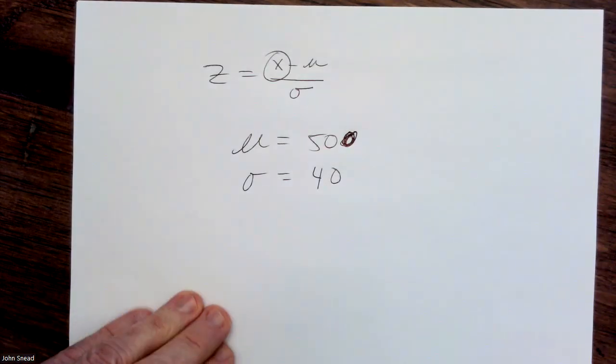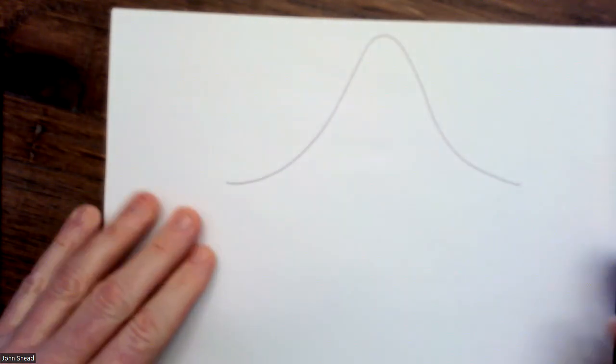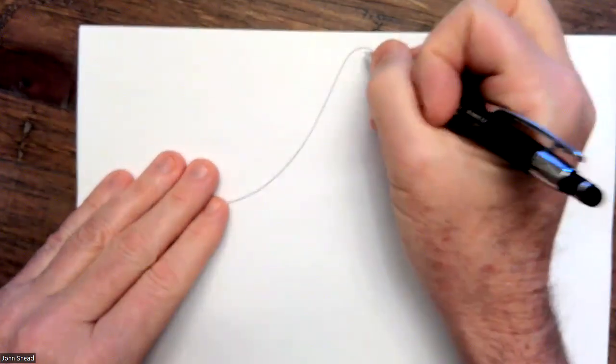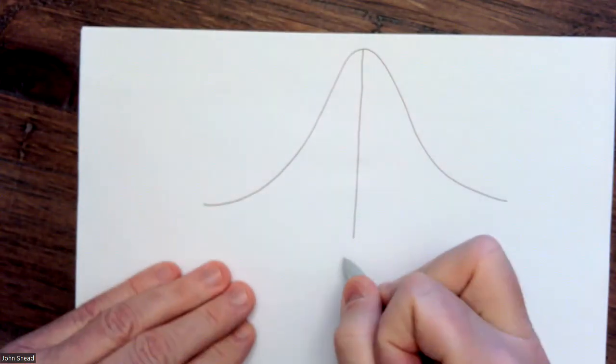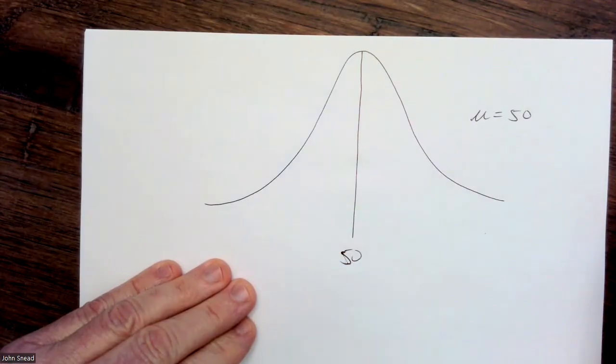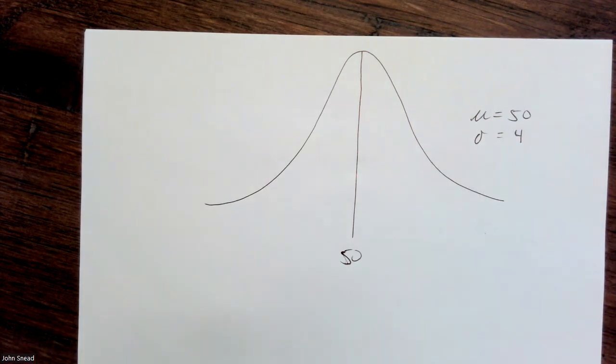I'm going to switch this over to a new page. We know that we've got a mean of 50 and the standard deviation is equal to 4, but we want to find a value below which 95% of the values will occur.